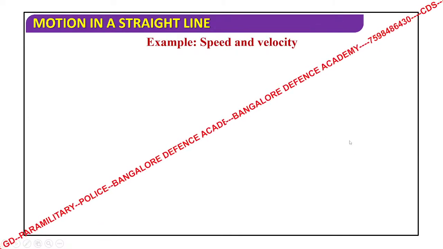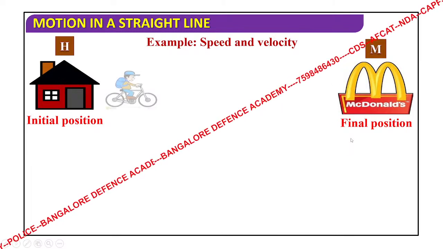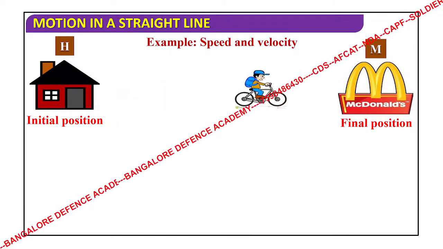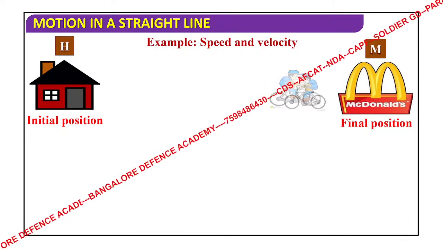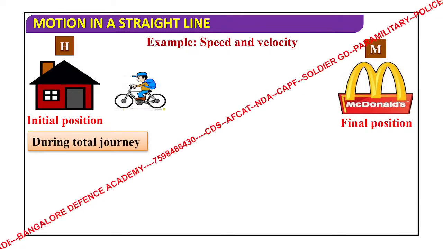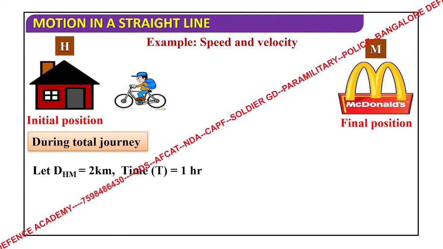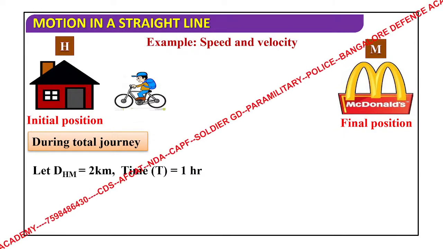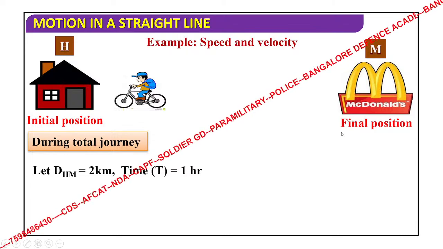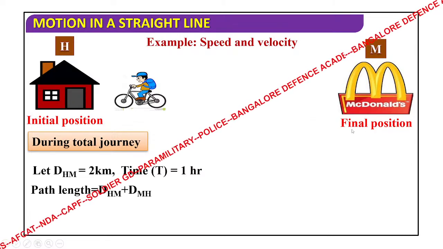Next, let us try to see an example here. Now this is home and this is McDonald's. A boy is traveling from his home to the final position, that is McDonald's, and again he's going back to his home. So during the total journey, let the distance be 2 kilometer and the time be 1 hour. Okay, so let us assume the total distance is 2 kilometer. So what is the path length?